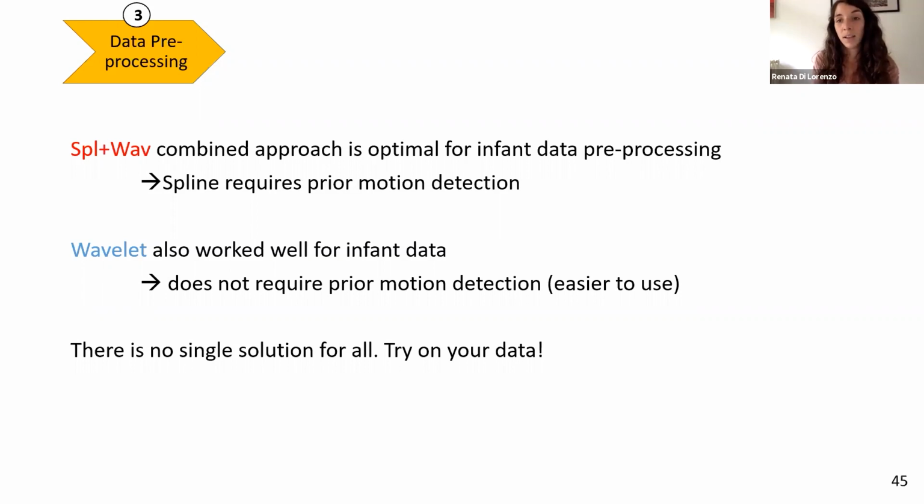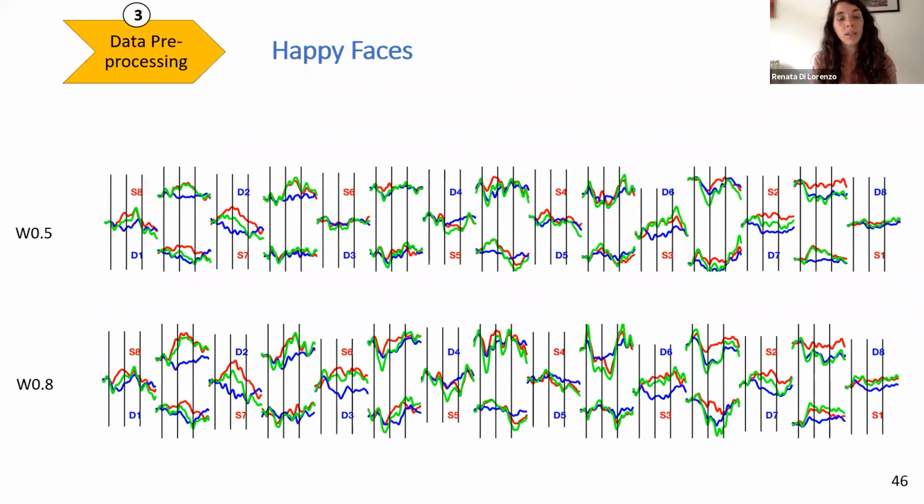One last thing that I want to show you is the response to happy faces, to faces expressing happiness. This is the use of wavelet with different IQR, interquartile range. This is something you can set up in Homer too, so you can tweak it. And I used different IQRs: this is the IQR 0.5 and 0.8, which was the one that was approved, because we also tested different IQRs in that paper.